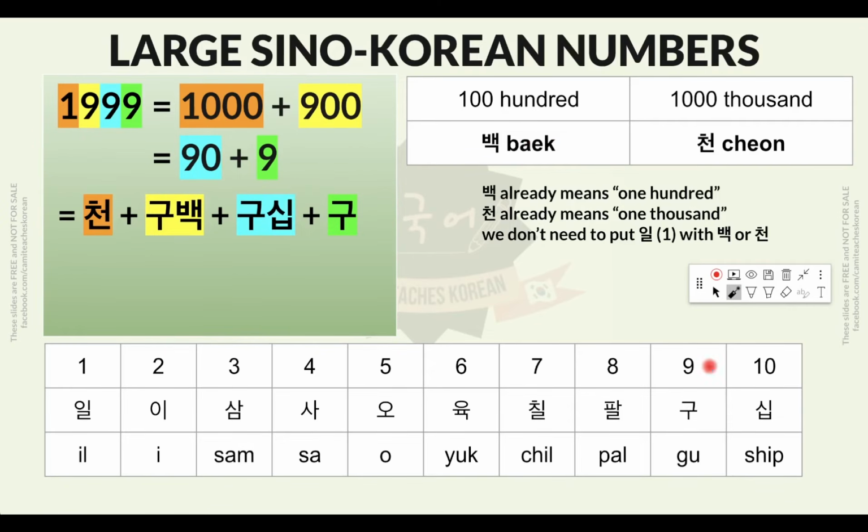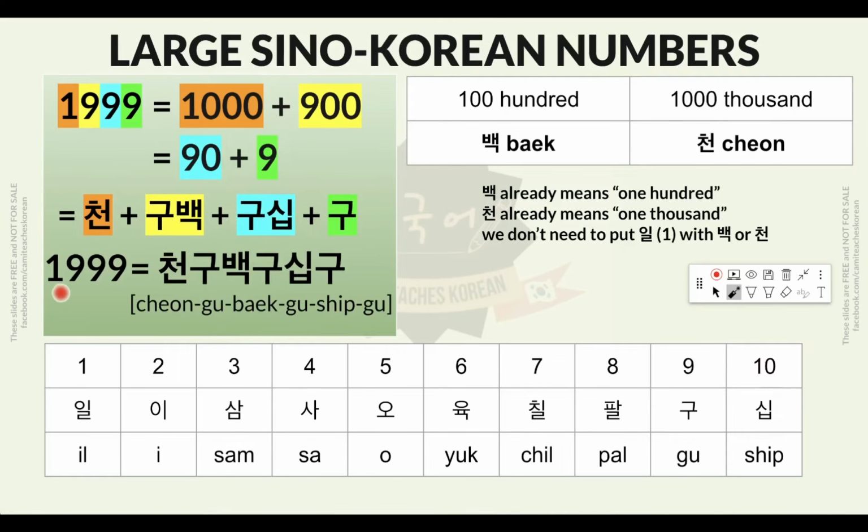So, gu and ship. Guship, 90. And our last single digit, gu. 1,999 ay chon. Gubek, guship, gu. One more time, chon. Gubek, guship, gu.